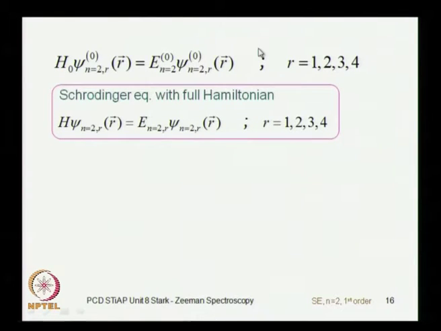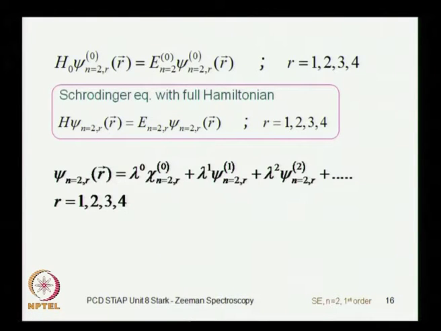So this is the Schrodinger equation with the full Hamiltonian, and we will expand the perturbed solution, the eigenstate of the perturbed Hamiltonian, as an expansion in the perturbation order parameter lambda.